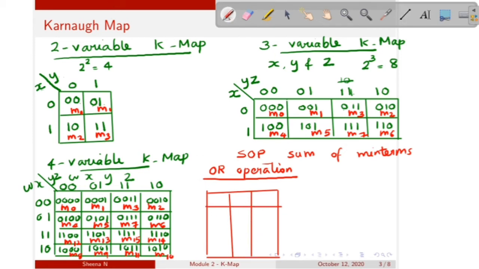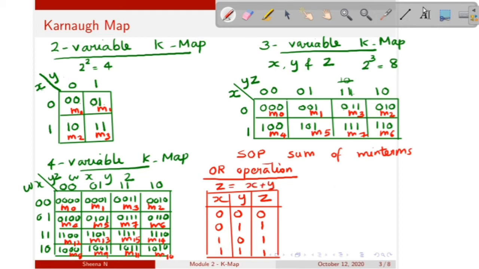Okay, so here x and y are the inputs and z is the output. So the combinations are 00, 01, 10, 11. Output is equal to 1 when at least one of the inputs is equal to 1. When both inputs are 0, output is equal to 0. Okay, you know the expression for this OR operation is z equals x plus y.